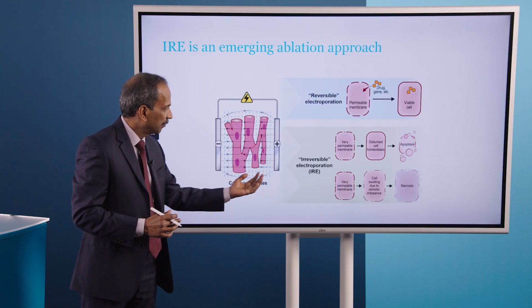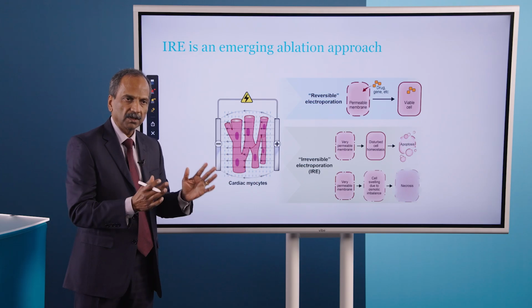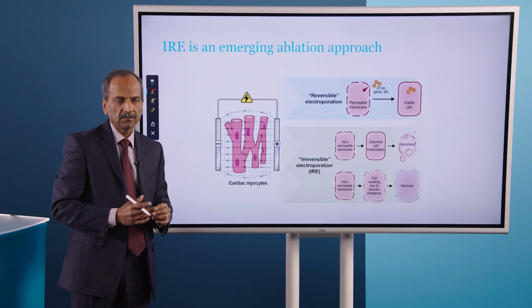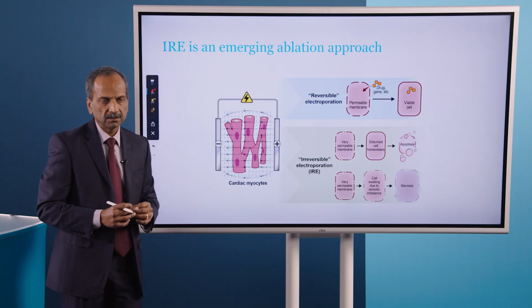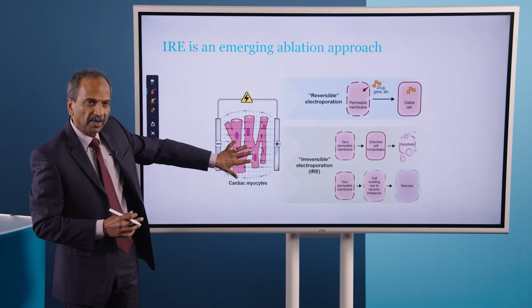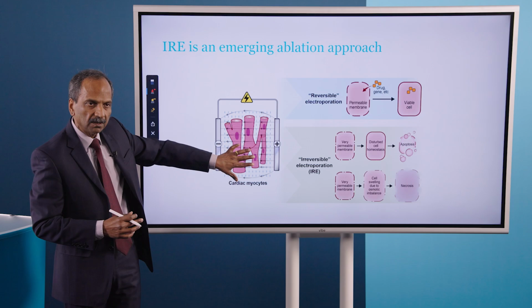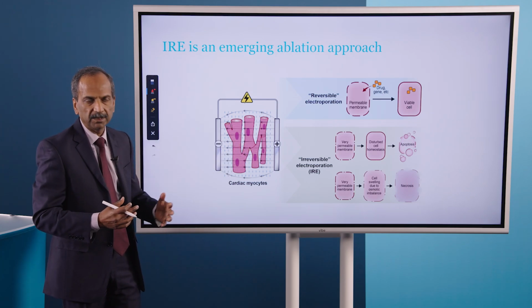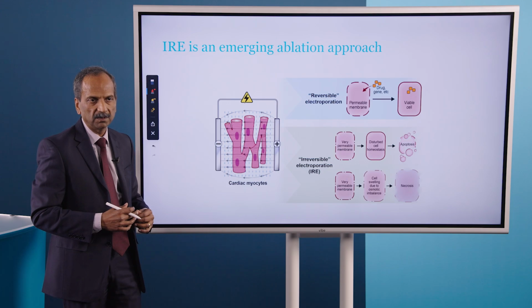We can have multiple tissues all exposed to the same field simultaneously. Now, in most instances, we're dealing with myocardium in the field and non-myocardial tissues like endothelium, the pericardium in some instances, nerves.